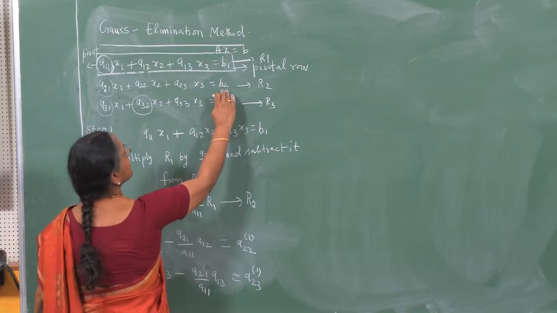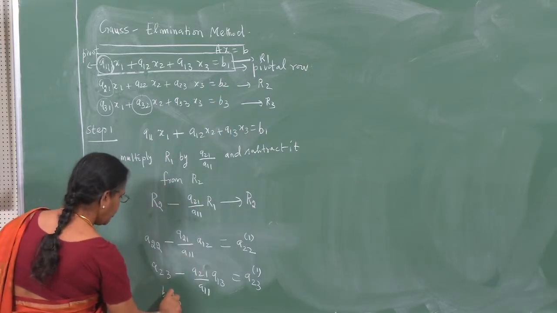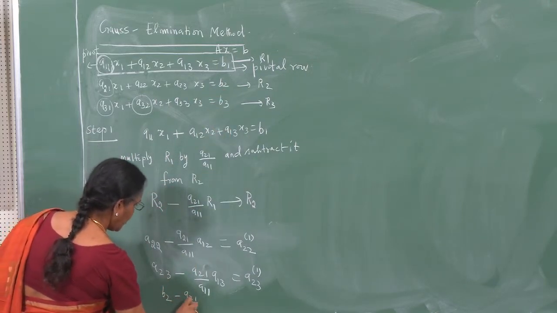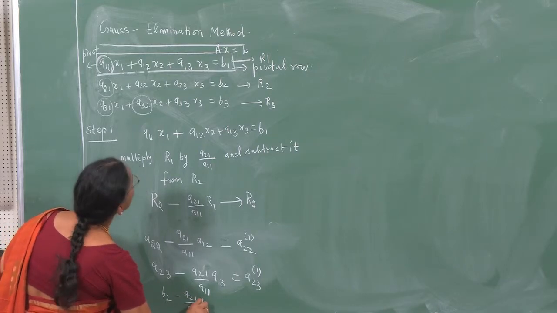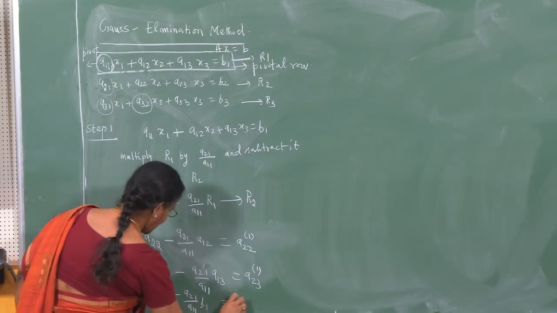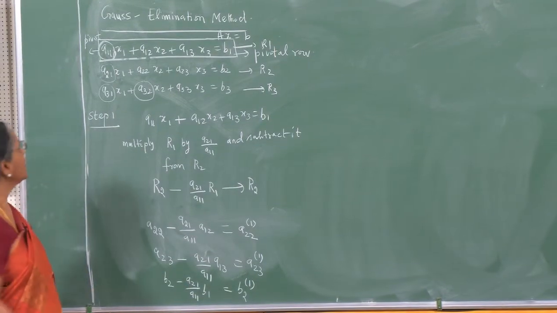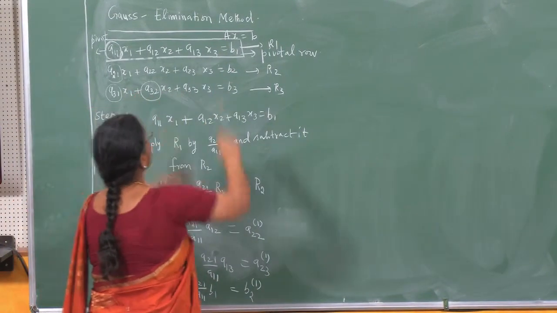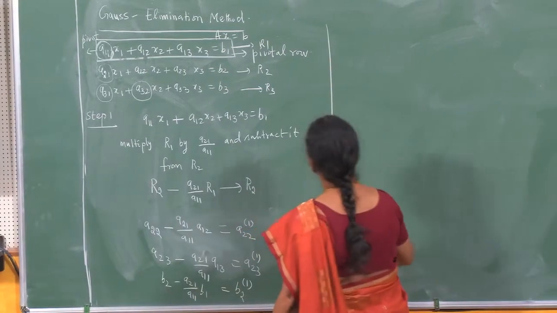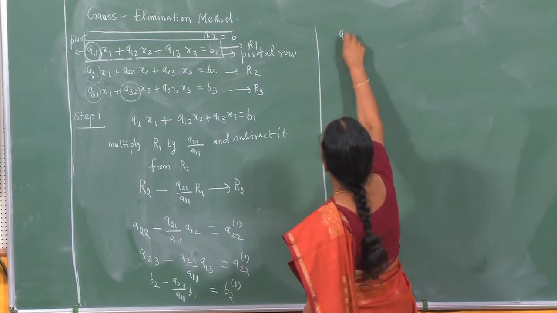What about this? This will be B2 minus A21 by A11 into B1. Call that B21. And therefore, when we perform this, I will have my equations as follows.